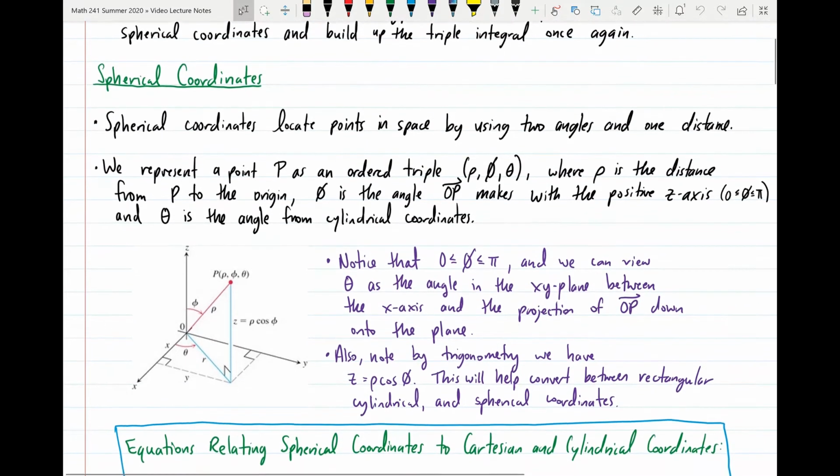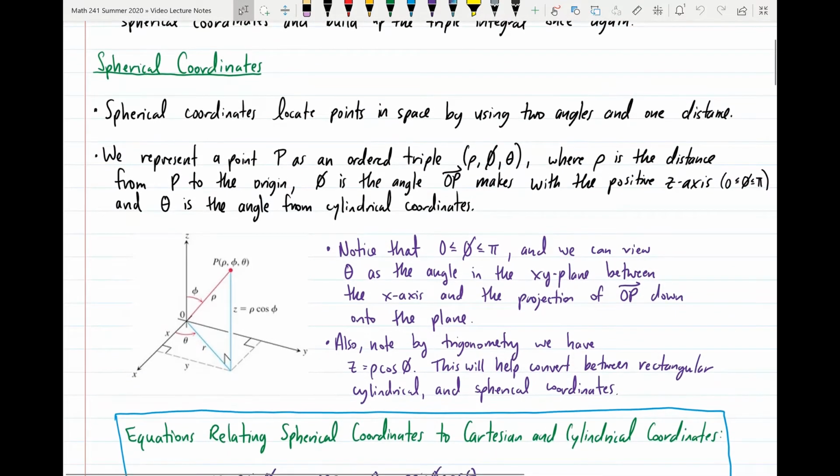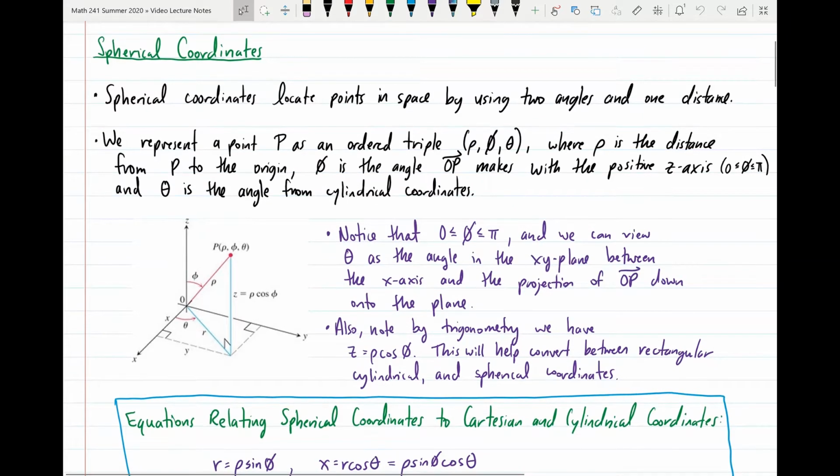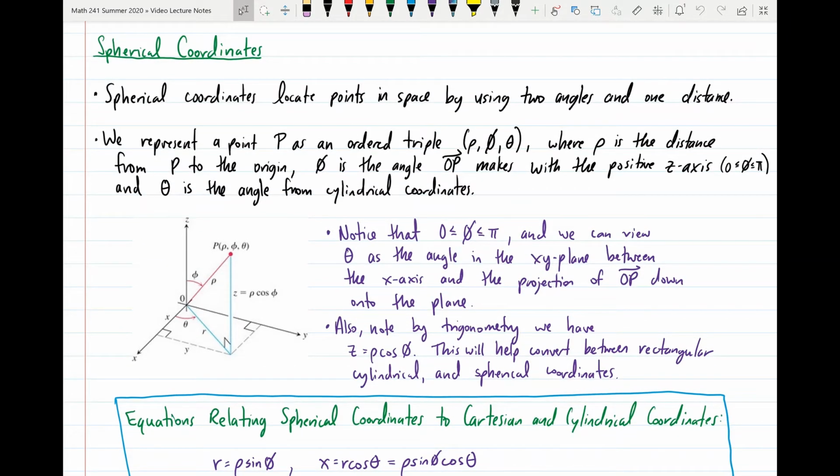So we represent a point P as an ordered triple. Those variables there are rho, phi, and theta. The rho looks like a P, but it is not a P. Rho is the distance from the point P to the origin. Phi is the angle that the vector from the origin to the point P makes with the positive z-axis.